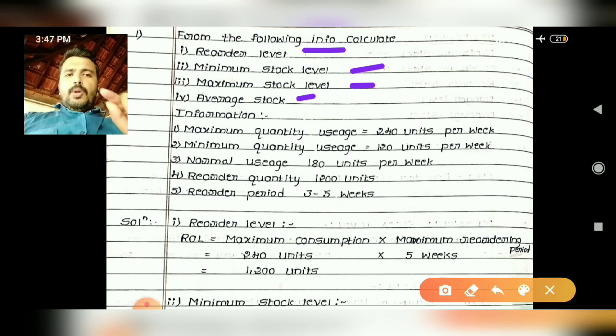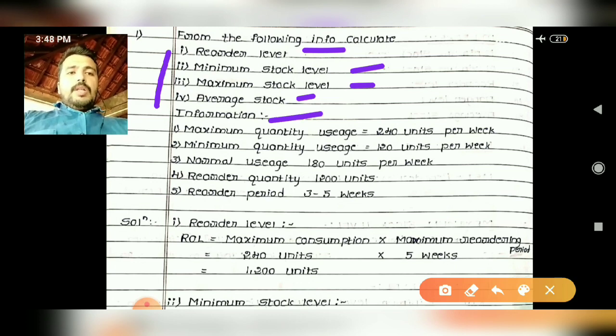Hope you have noted down all these formulas in your notebook, so that is the base for the complete calculation. If you have not yet written down the notes from the previous video, please note down all the formulas relating to material control from the previous video. So these 4 components you have to calculate now.